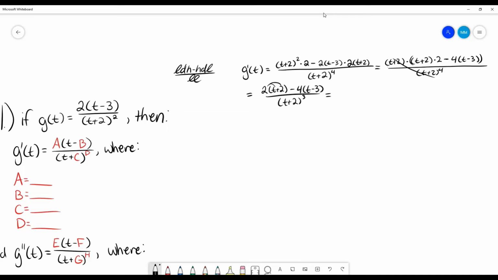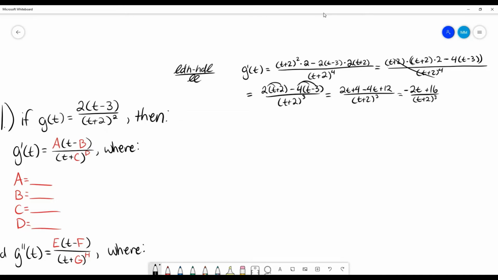So it's going to be 2t plus 4 minus 4t plus 12 all over, same thing, equals, and then combine like terms, it's going to be a negative 2t plus 16 over t plus 2 cubed.